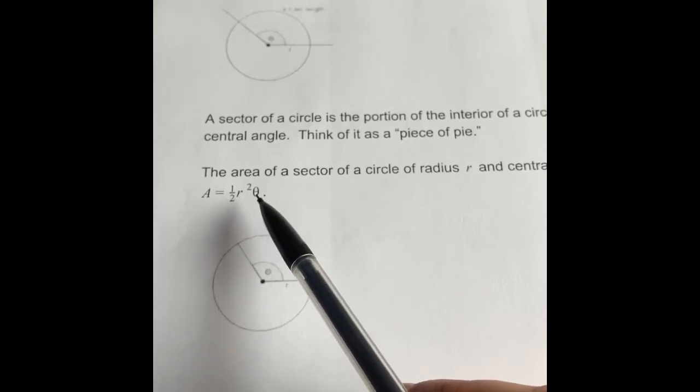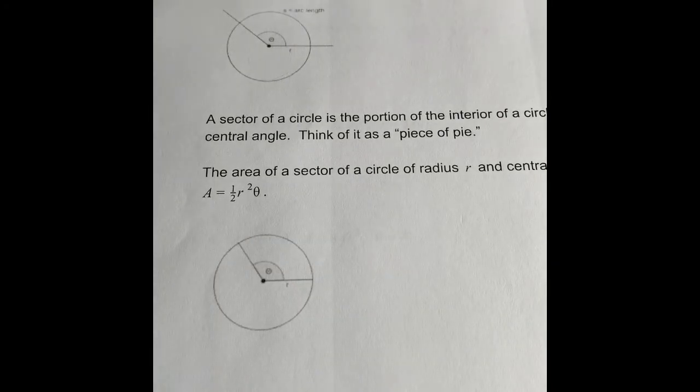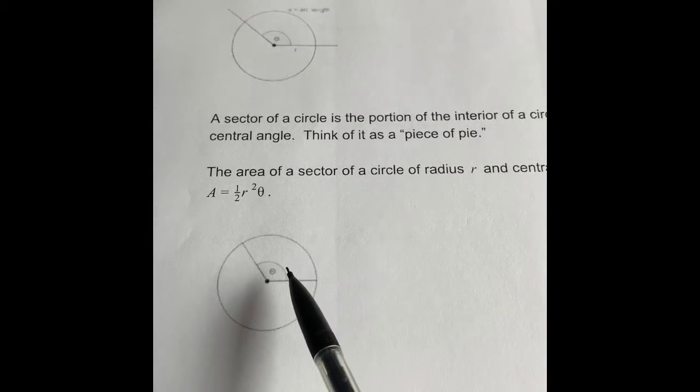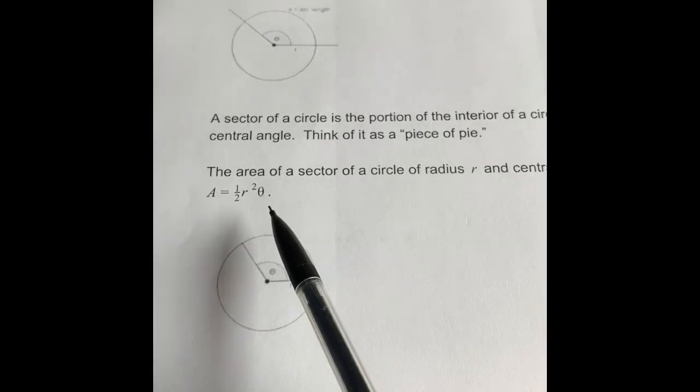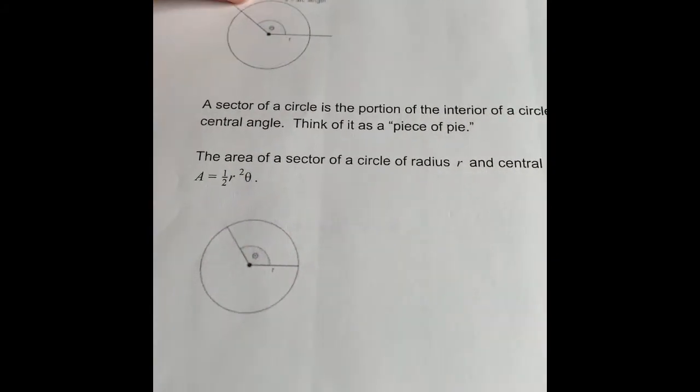It should be somewhat familiar to you from geometry, because I believe for the area of a circle, it's area equals pi r squared. We're not using the pi part, we're using a certain angle because we have only one part of the circle that we're looking at. So this is the formula that we use for area of a sector, and up here is the formula for the arc length. We're going to use those formulas to help us complete some problems here.